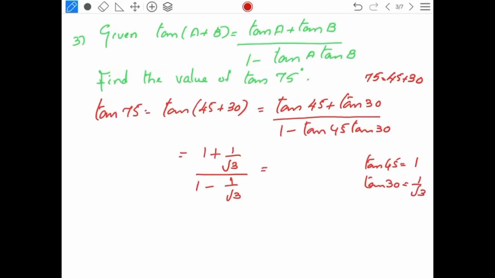So you get this as root 3 plus 1 by root 3 minus 1.